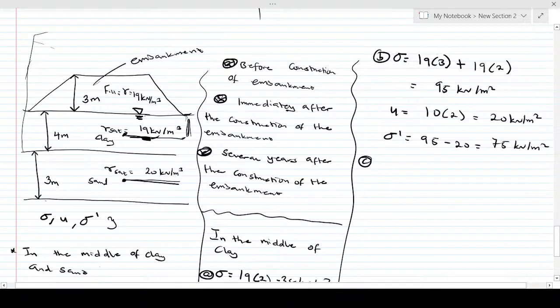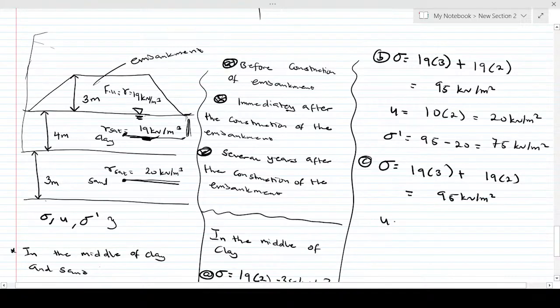So again, the total stress is the stress above it: 19 by 3 plus 19 by 2, which gives us 95 kilonewton per meter square.